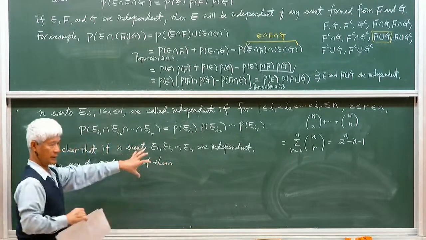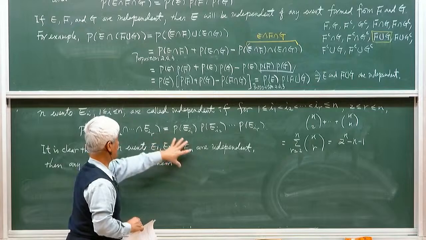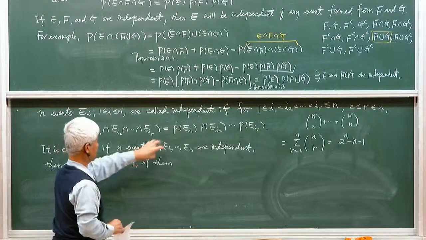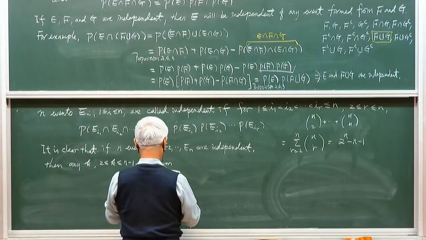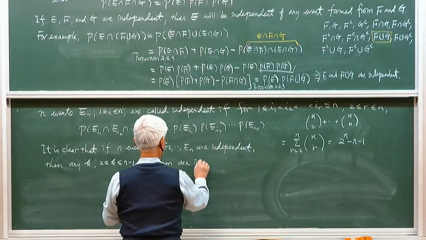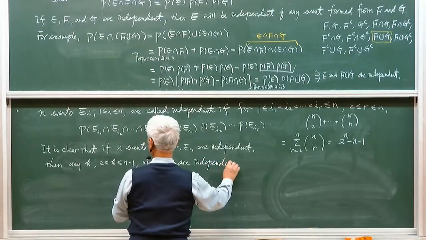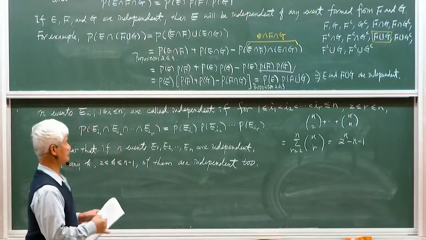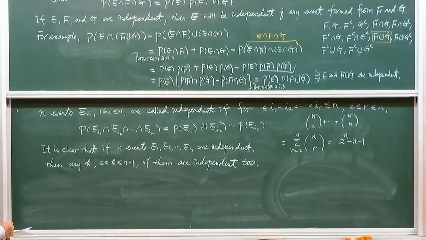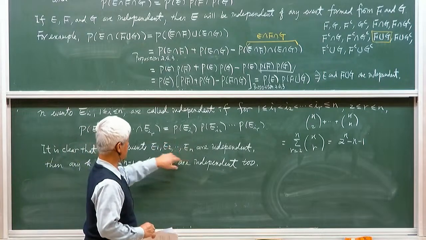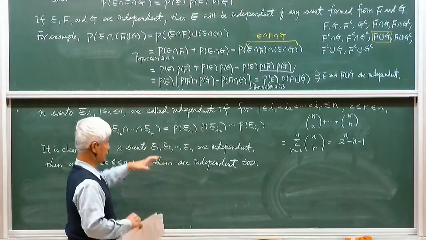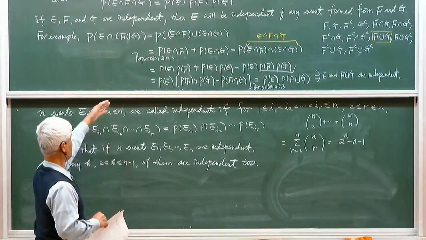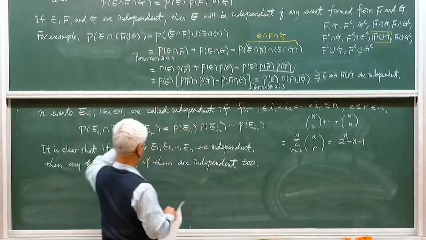So you just select part of them, maybe take 2 or 3 of them, or n minus 1 of them. So if a collection of n events is independent, then any subcollection is also independent, because this is so strong.